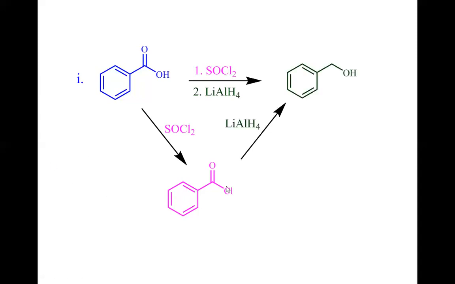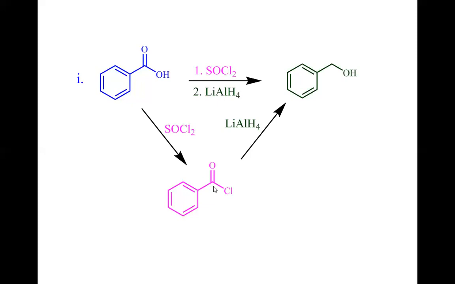However, when we treat this acid chloride with lithium aluminum hydride, we have the formation of primary alcohol. We will not get the aldehyde because lithium aluminum hydride is a strong reducing agent. It will not stop at the aldehyde level. Although we will have the aldehyde en route, that aldehyde will be immediately attacked by the second equivalent of lithium aluminum hydride to give this primary alcohol.